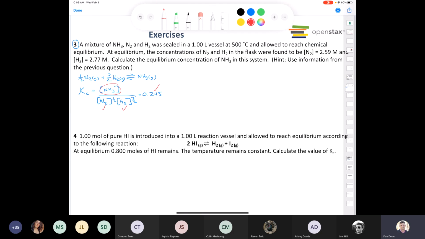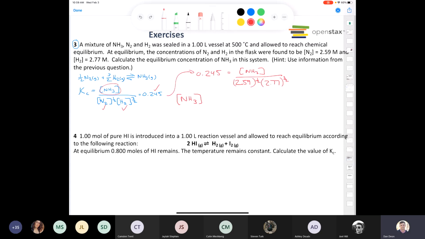Plugging in numbers, 0.245 is equal to the concentration of ammonia, which is what we're looking for, divided by 2.59 to the power of a half times 2.77 to the power of 3/2. To solve, you just take 0.245 and multiply it by the denominator, and you end up with the concentration of ammonia.